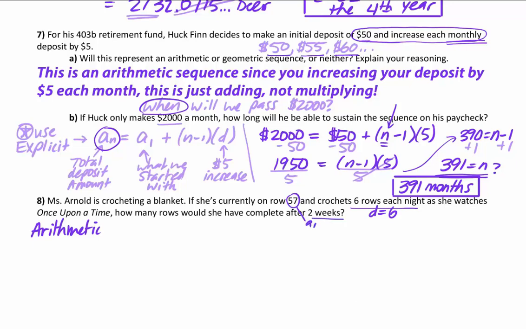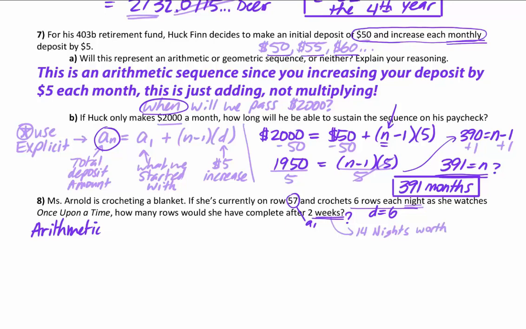And then we're questioned about how much happens after 2 weeks. And so you have to do a little bit of converting here, since it's each night. The difference is framed in nights. 2 weeks is 14 nights worth of work, or 14 days worth of work.